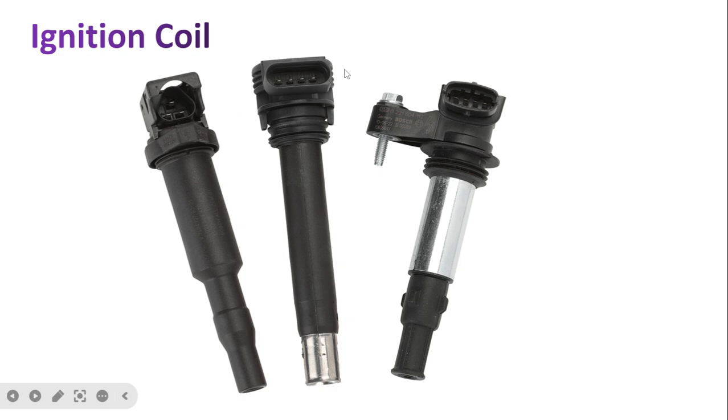From this, the wire is connected through the connector, and these wires are further connected, not directly but indirectly, to the ECU, right? And the spark is created from this bottom side, as I am highlighting with my cursor here. So from the bottom side the spark is created inside the engine. These are 3 different types of ignition coils.